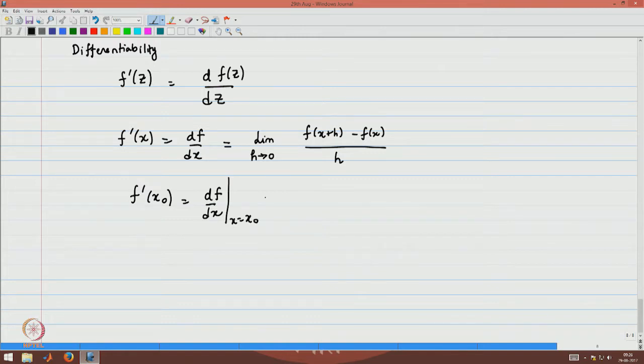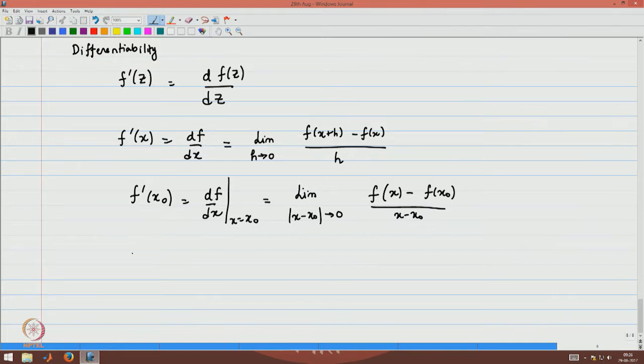I am just writing it very formally. So this is limit as x minus x 0 tends to 0 of f of x minus f of x 0 divided by x minus x 0. So this is how you define the derivative.